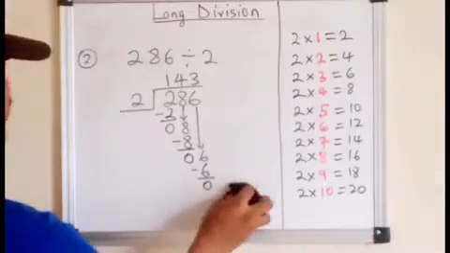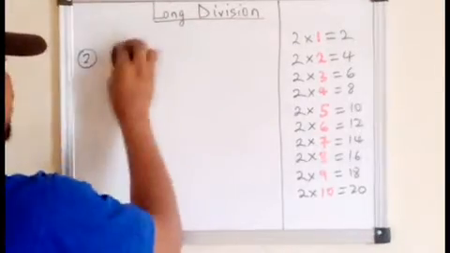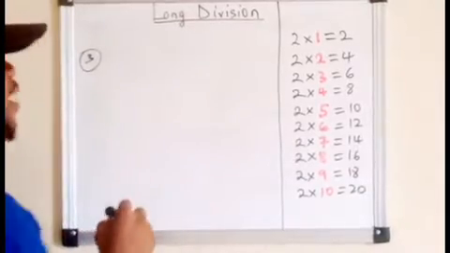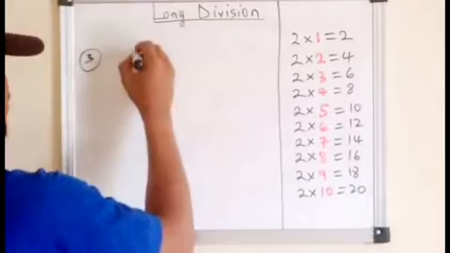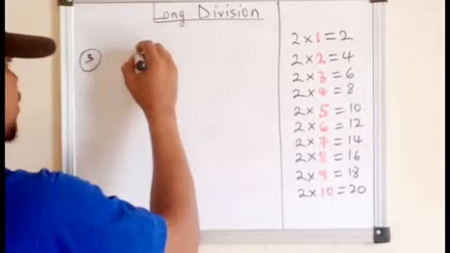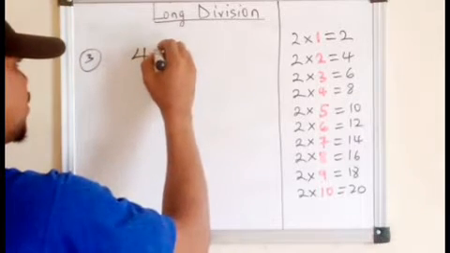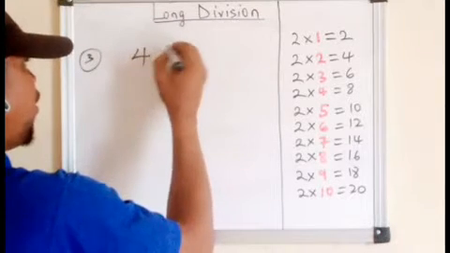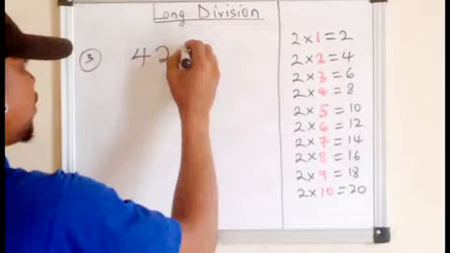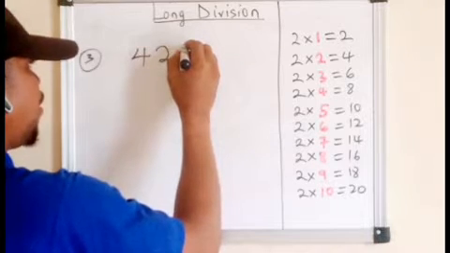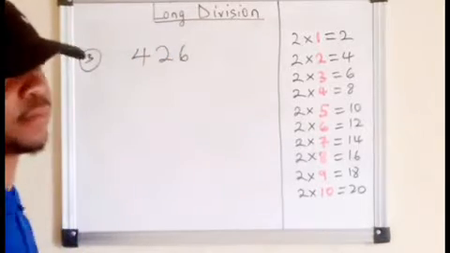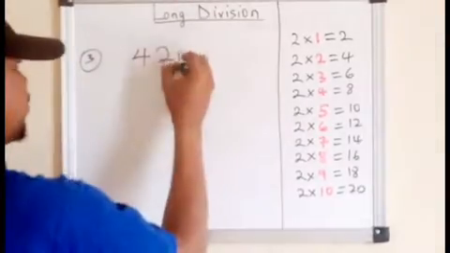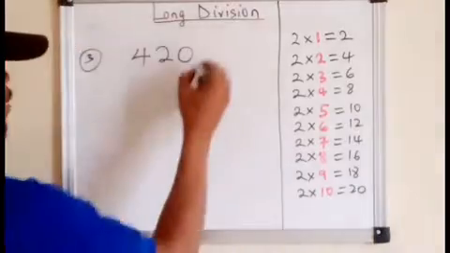So let's see example 3. In example 3, let's divide 420 by 2.